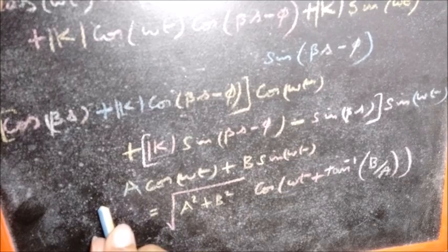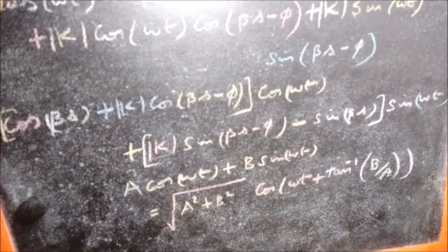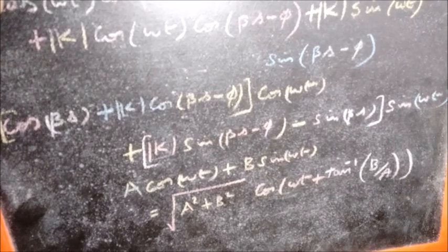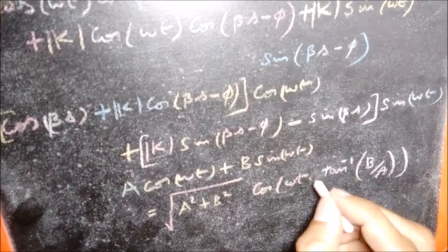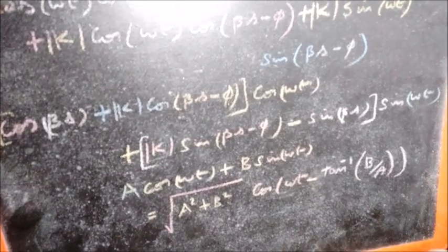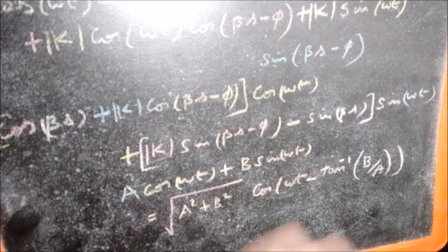A is say r cos theta, b is r sin theta, and you end up getting this. Okay, I think this must be minus. Anyhow, we'll see. You can verify this. So basically, this is the relation that we are going to use.